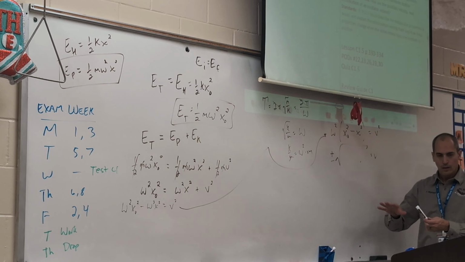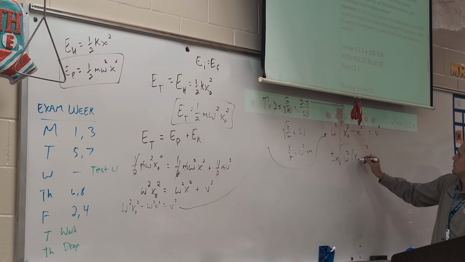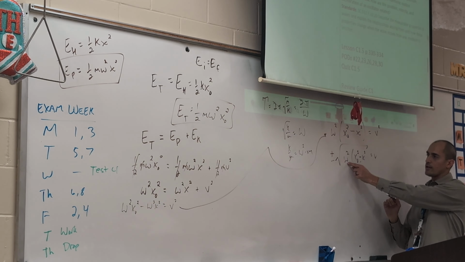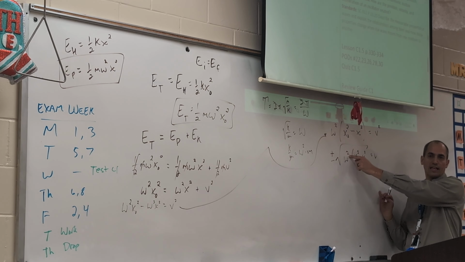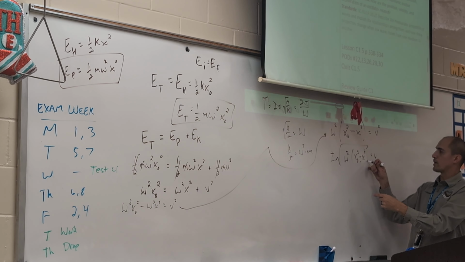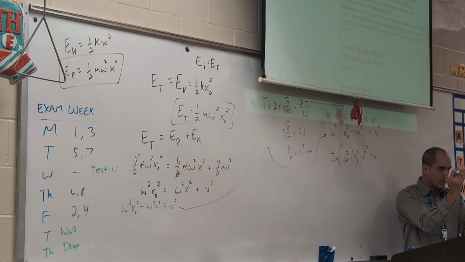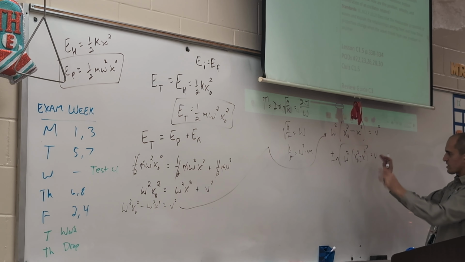So last but not least, so we've got our omega squared times our x naught squared minus x squared. And could we take the square root and cancel out that square? Yeah, but it doesn't cancel out these squares because the square isn't on the whole unit here, okay? So, but I can split it up.